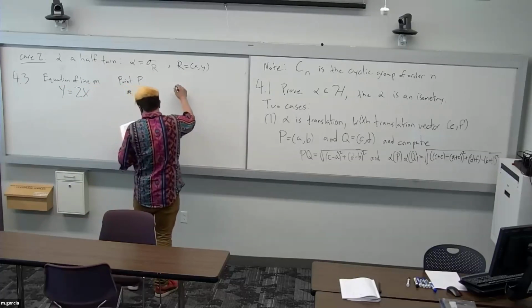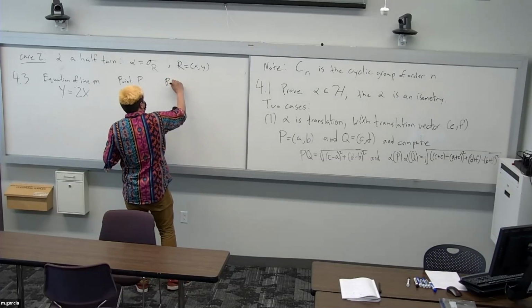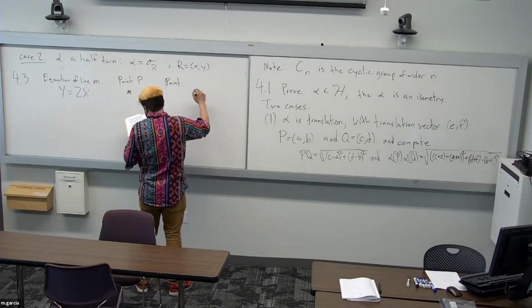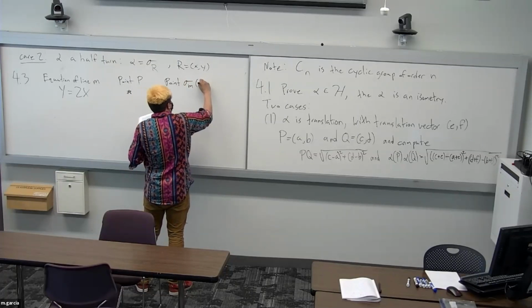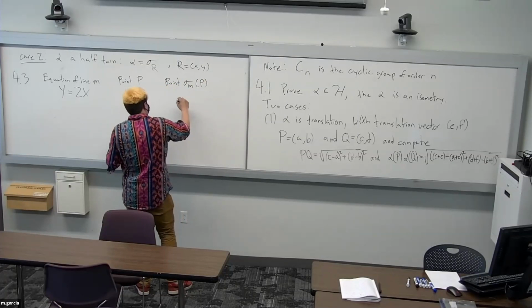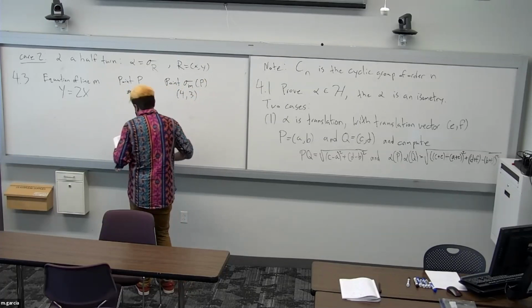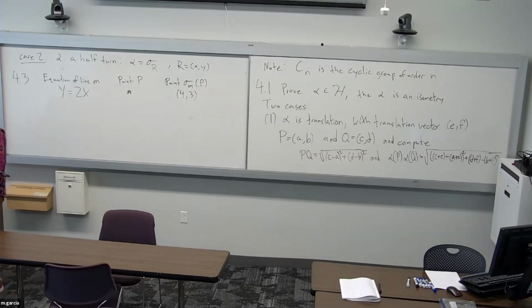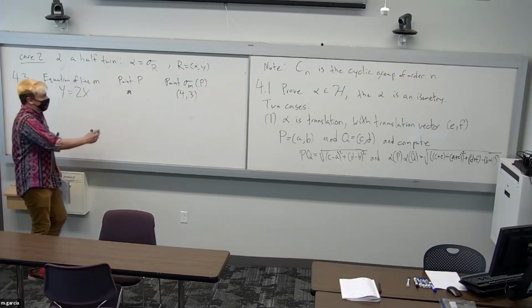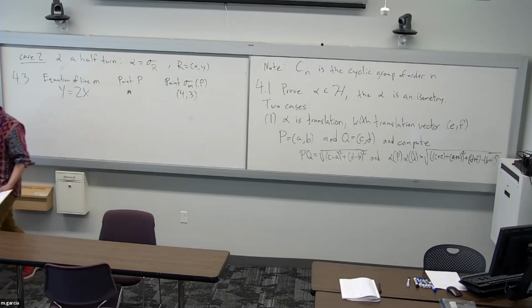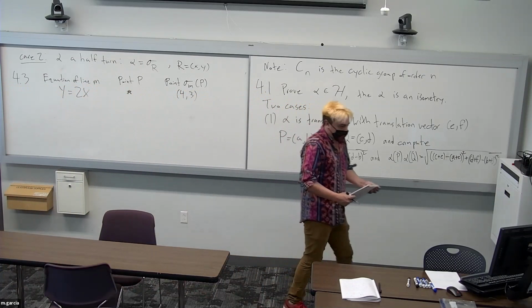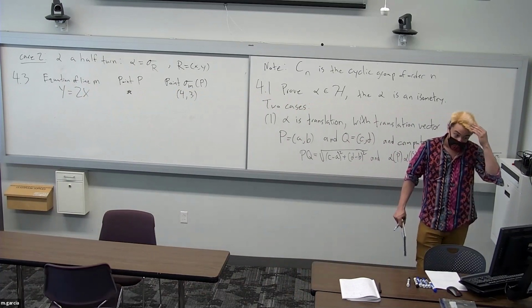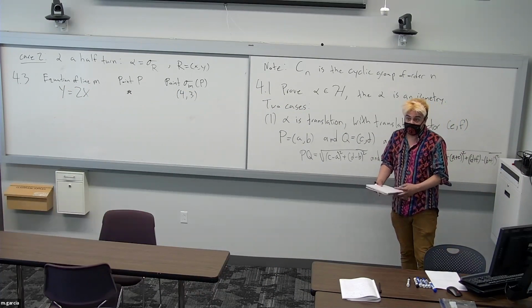And we have here the point sigma sub m of P, and they give us this value, 4,3. Okay, so our job is to fill in star here. So how do we go about doing this? Well, one way to proceed, which in this case I think is the way I would choose, is to just use the formula.